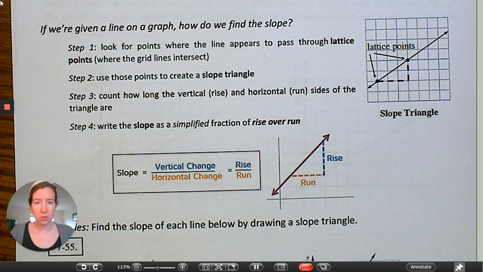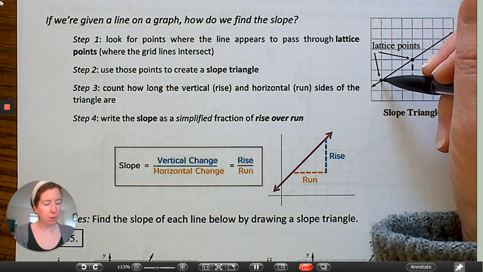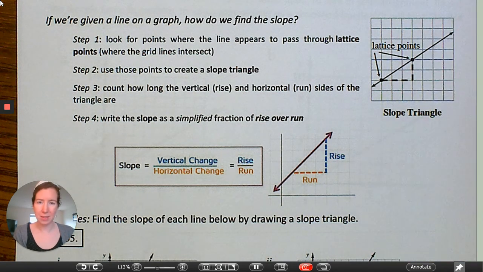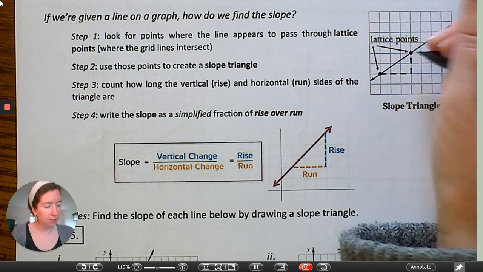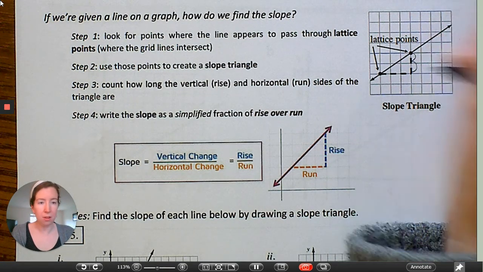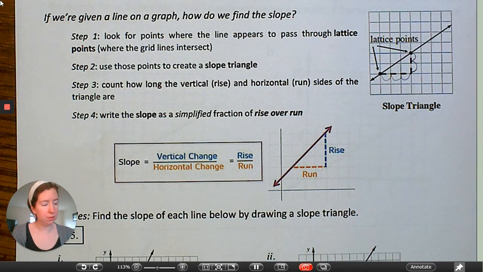The direction of your triangle doesn't matter. So this one is going under the line. You could have also made one going over the line. It would have been the same thing. The next thing you're going to do is count how long the vertical and the horizontal sides are. So you jump and say, okay, how long is that? Well, that one's 2. How long is that? That one's 3.